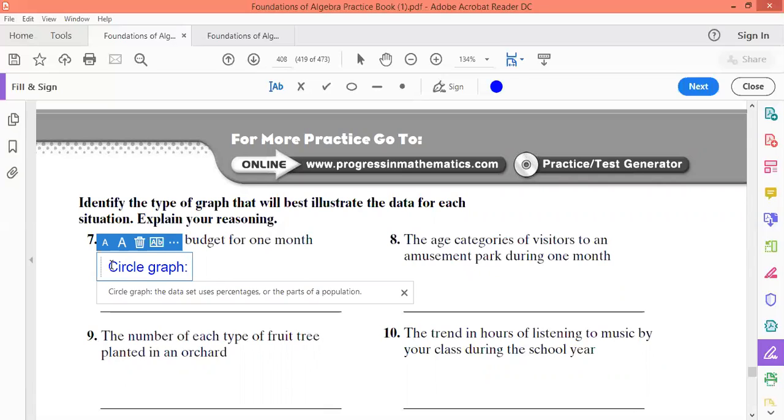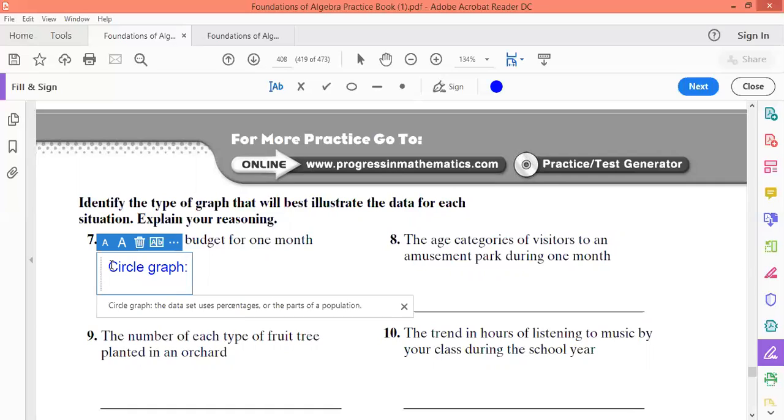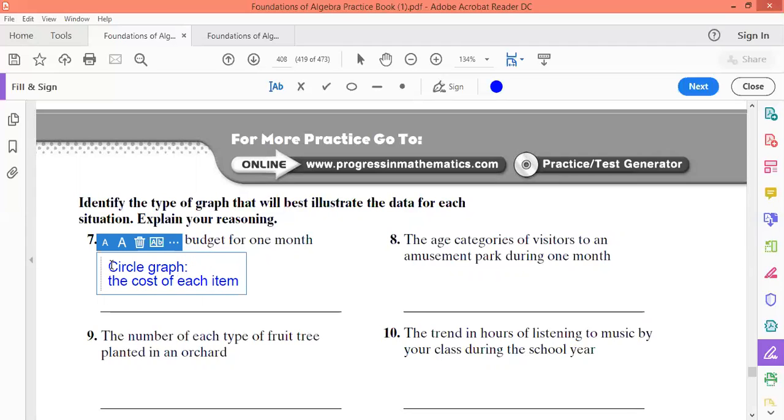Circle graph. You can say that the cost of each item can be seen.